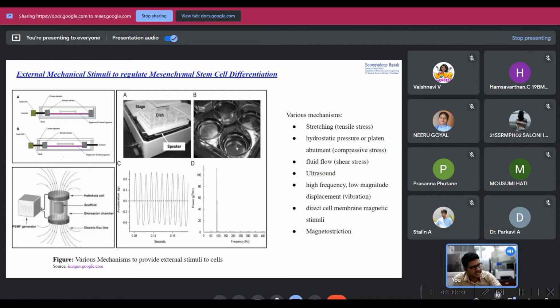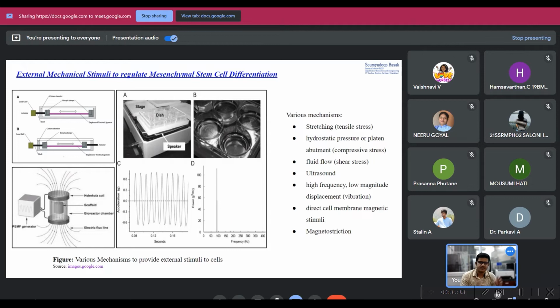You can see these rings are created, right? This is the sound wave that is coming out, and depending upon the particular frequency range, we can change the frequency that we are treating the cells with. They have studied that the stem cell differentiation property, their fate, changes depending upon these sound waves treating the cells.